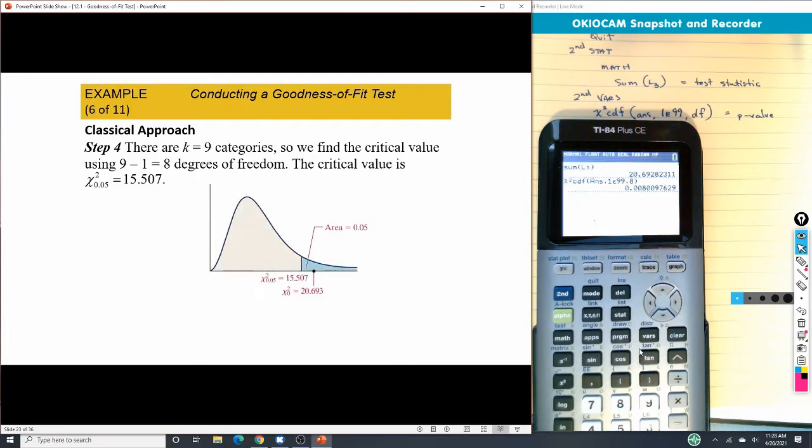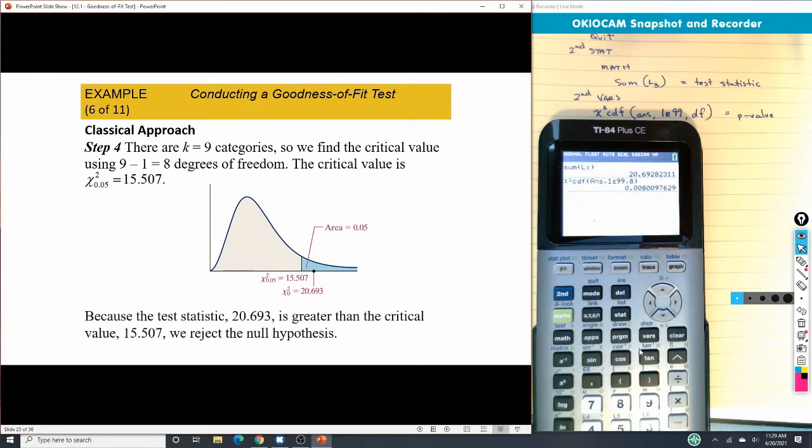Now, when we're looking at what we are doing with these numbers, do we reject or do not reject? Well, we need to go back and look at our critical values. We had a significance of 0.05, so we need to do our chi-squared of 0.05 at 8 degrees of freedom. And so that's 15.507. Well, we are greater than that, so we would reject the null hypothesis for our test statistic.